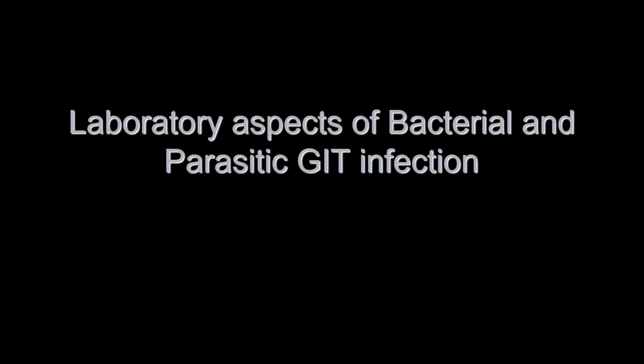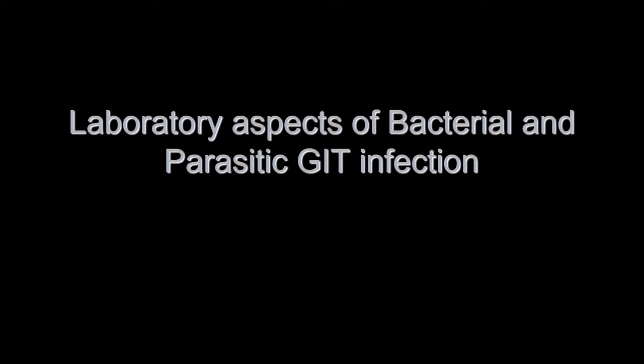And when we culture, we have to know about the media that we use in the lab, the selective media for the pathogens that infect the gastrointestinal tract, as well as the parasites.